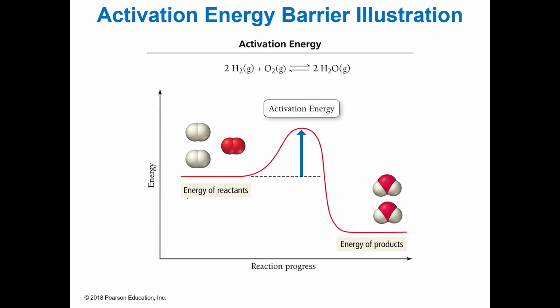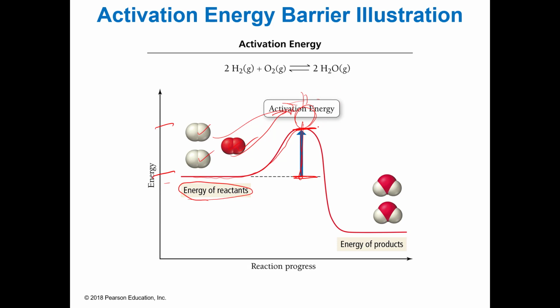So you have an energy level that you're starting out with your reactants. You have 2 moles of hydrogen gas and a mole of oxygen gas, and the amount of energy it takes for this reaction to occur is the activation energy, which is going to be this much energy. Once you've put that much energy in, you're at the activated complex, where these molecules have moved up here and are starting to break bonds and make bonds.